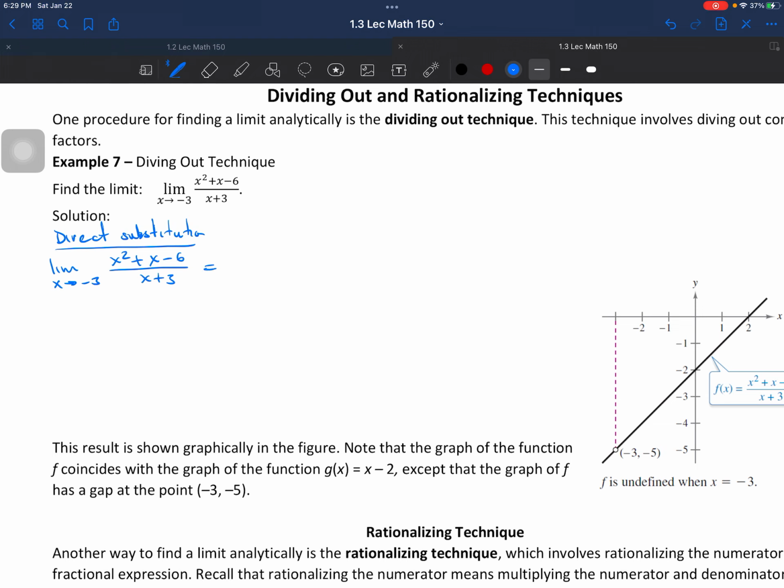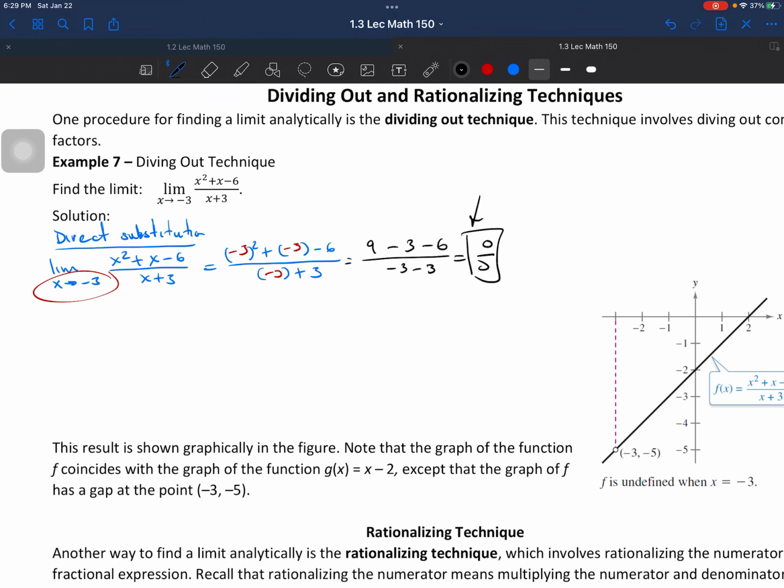We'll do a direct substitution: minus 3, minus 3, minus 3. Right? And then let's see what we get. Minus 3 squared is 9, minus 3, minus 6, over minus 3 plus 3, and we end up getting 0 over 0.